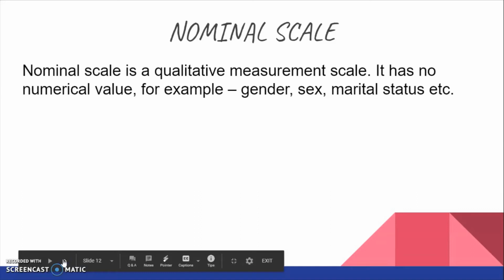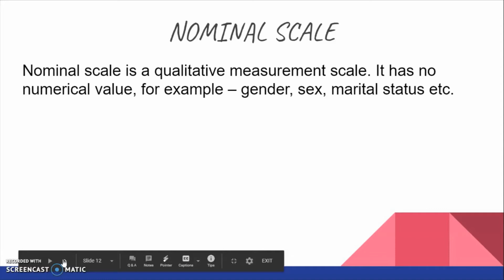The nominal scale is a qualitative measurement scale. It has no numerical value. For example, gender, sex, marital status, etc. In that case, these numerals can't be used for any statistical analysis. For example, when you collect the data, you may be giving 1 for male and 2 for female. The numbers 1 and 2 are used just as symbols.